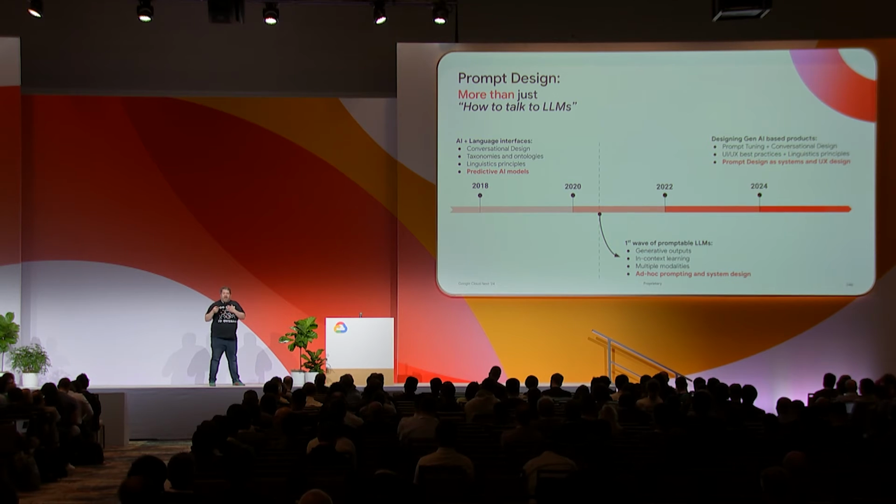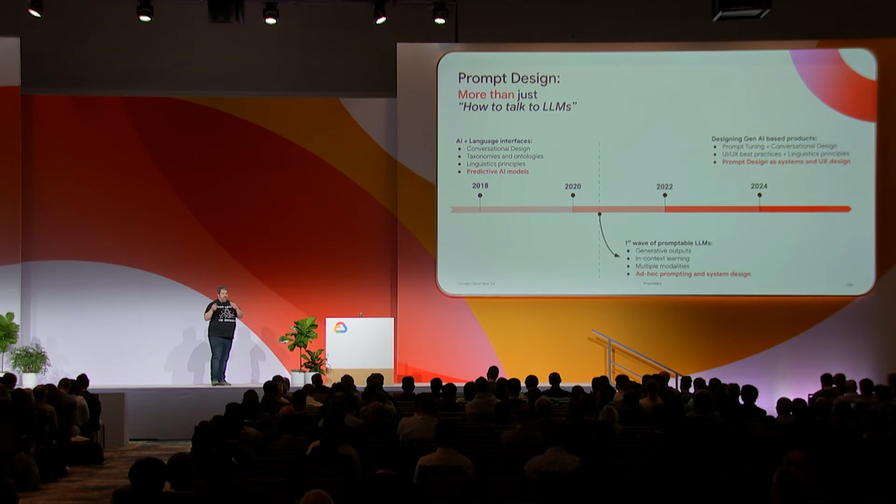In a more technical sense, what prompt engineering was for the first wave of promptable LLMs was people accidentally discovering patterns that were in the pre-training or instruction tuning data of the LLM, and then thinking that they had stumbled upon some principle in how the dynamics of the large language model works, or how LLMs think, when it was just overfitting to the pre-training data. And so, in order to ground prompt engineering, we're not saying prompt engineering should be thrown away.